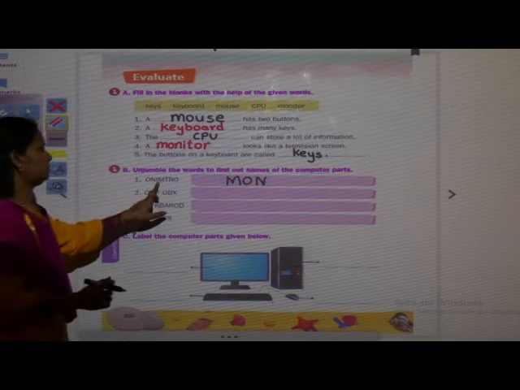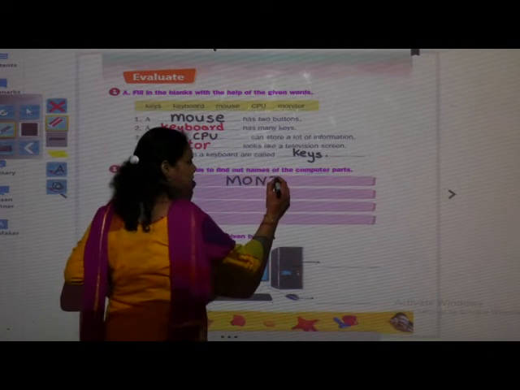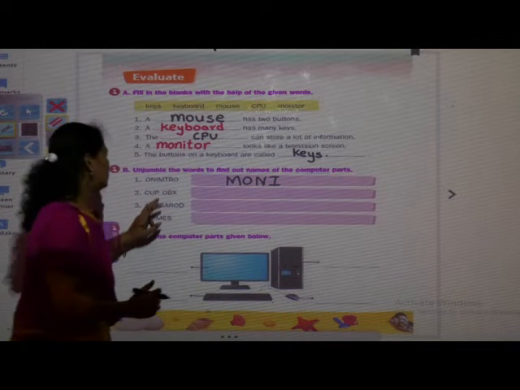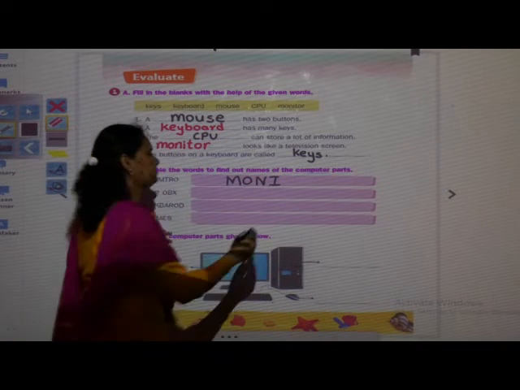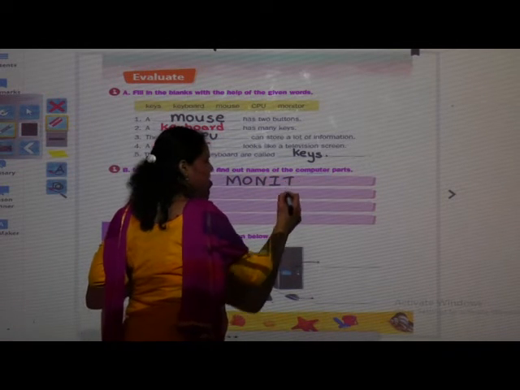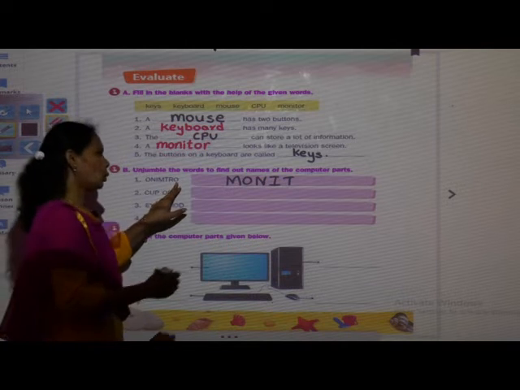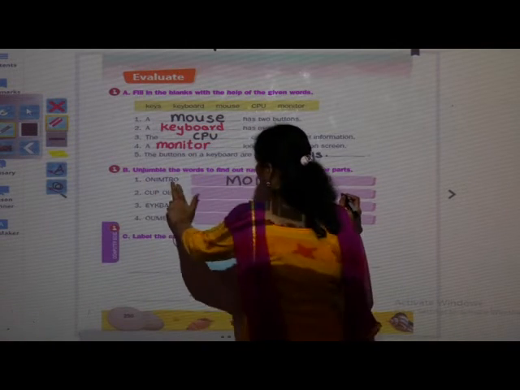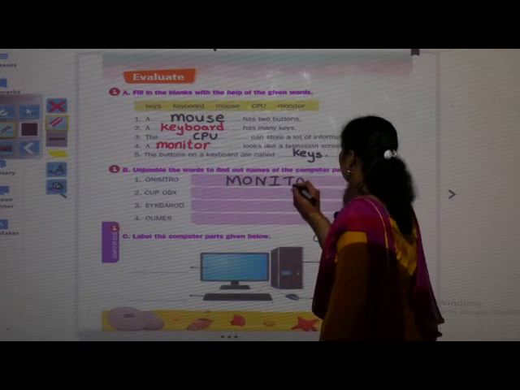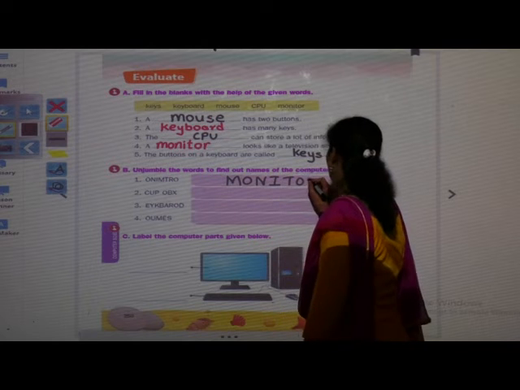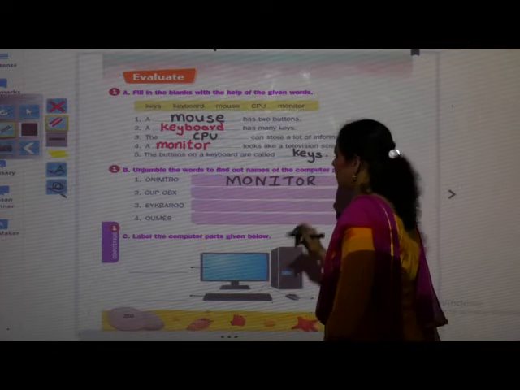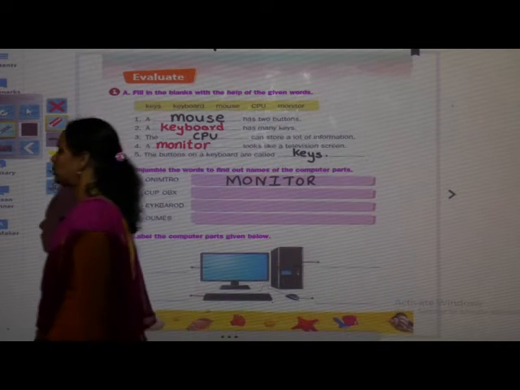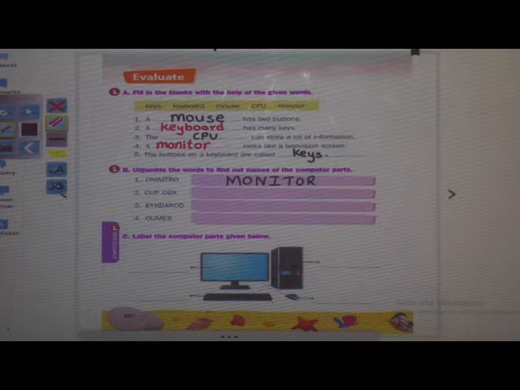I. Here it is I. Next, T. Then O. Here you can see 2 O are there. And last is R. So the first part of the computer we have found, that is monitor. M-O-N-I-T-O-R, monitor.